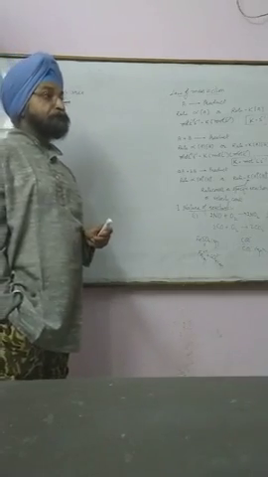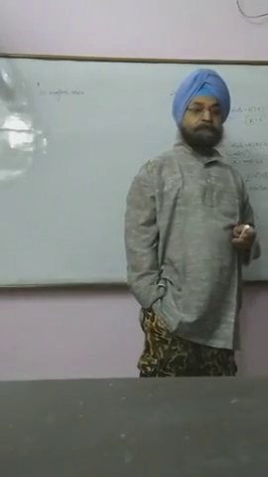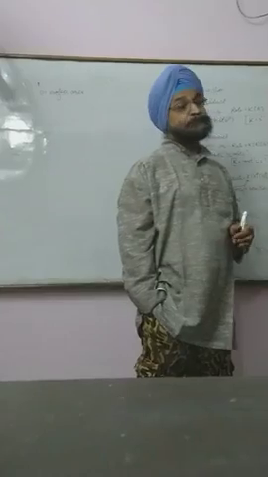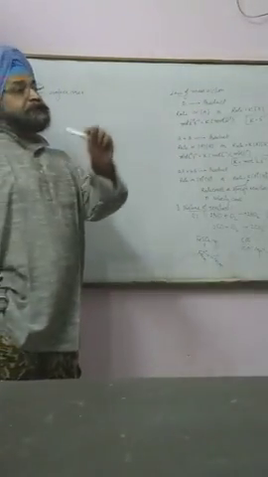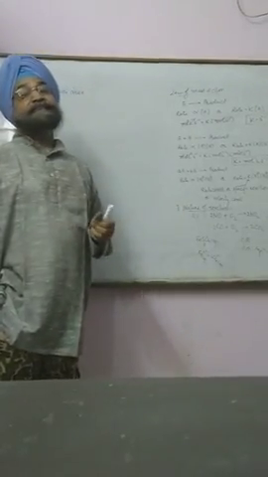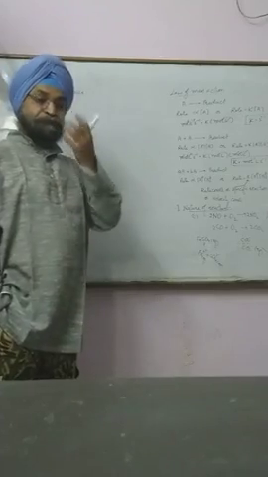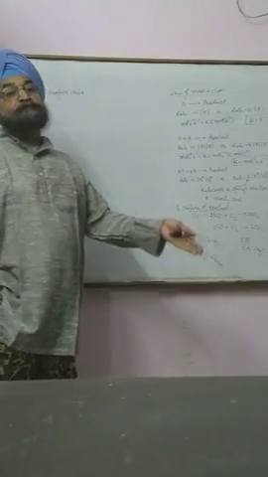Burning of coal, burning of petroleum. So C plus O2 gives CO2, C is in solid state and CO2 is in gaseous state. So in heterogeneous reaction, at least one component of the reactant exists in a different phase. Solubility of sugar in water.